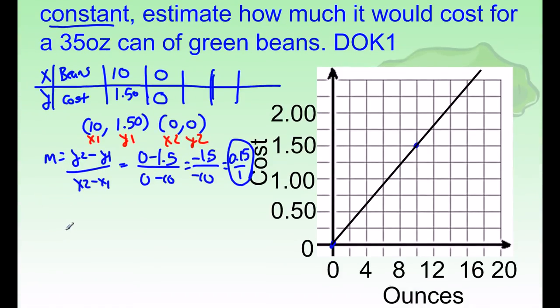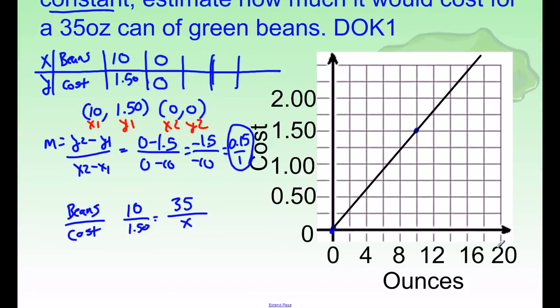So we could say beans over cost. Well, if you could buy 10 ounces of beans for $1.50, how much is it for 35 ounces of beans? This is making a bit more sense now.